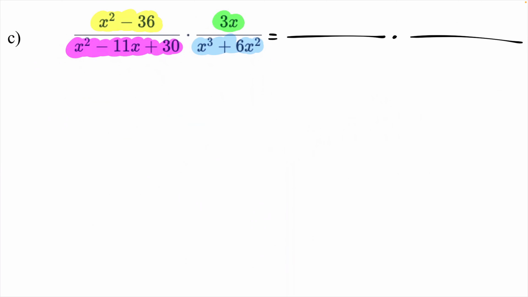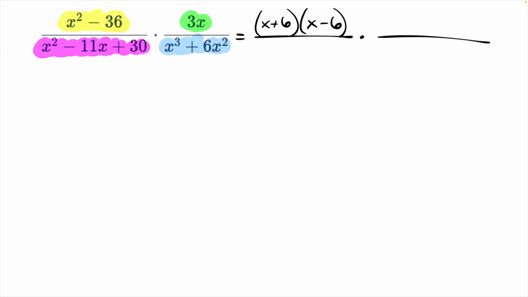Keep going, but I'm just going to start, just to catch up. Okay, so the yellow again is a binomial. Doesn't have a GCF, but it's difference of squares. So we can rewrite it as x plus 6 and x minus 6. The green is, again, just 3 times x.